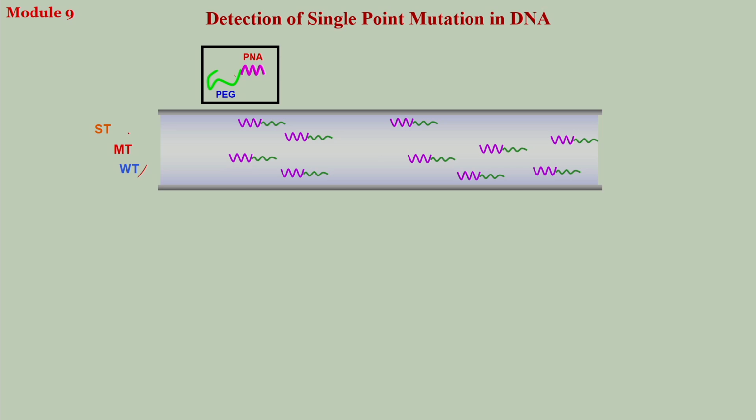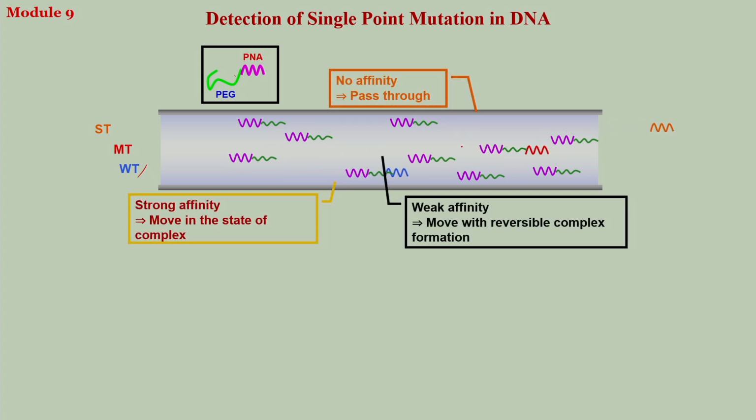Now this is your sample. We have injected a mixture of the wild type, mutated and a scrambled DNA which does not hybridize at all with the PNA. Now, what does it do? It will go. Once this moves through the capillary, the wild type should hybridize here. Wild type and the PNA form a strong complex.